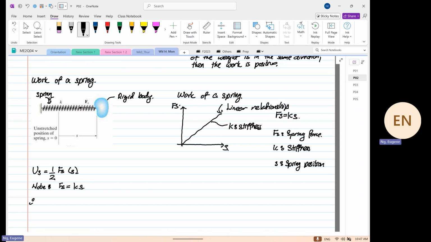Therefore, Us is equal to half Ks multiplied by S, so this is half Ks squared.